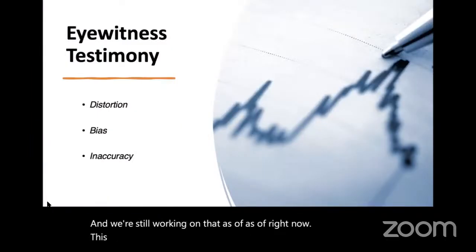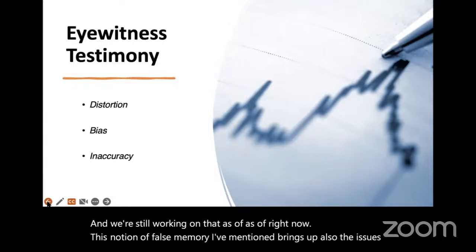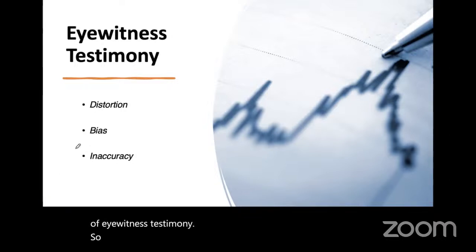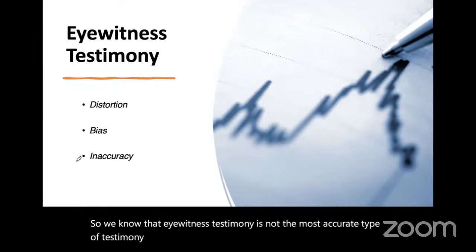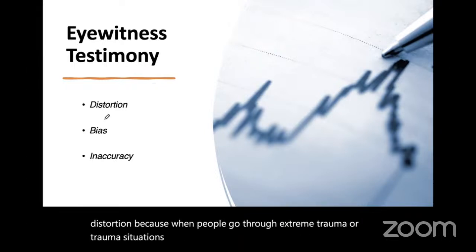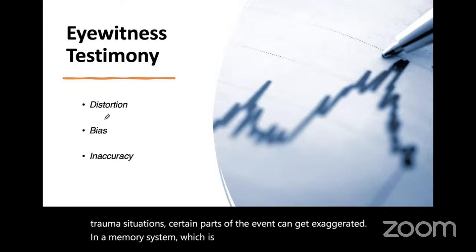This notion of false memory also brings up the issue of eyewitness testimony. We know that eyewitness testimony is not the most accurate type of testimony. It often deals with distortion, because when people go through extreme trauma, certain parts of the event can get exaggerated in the memory system, which is actually a natural defense mechanism.